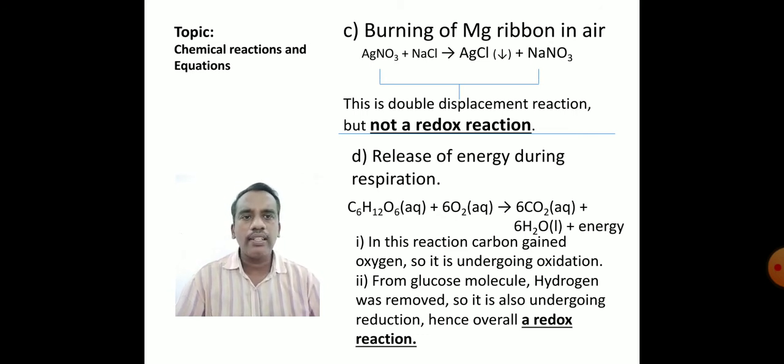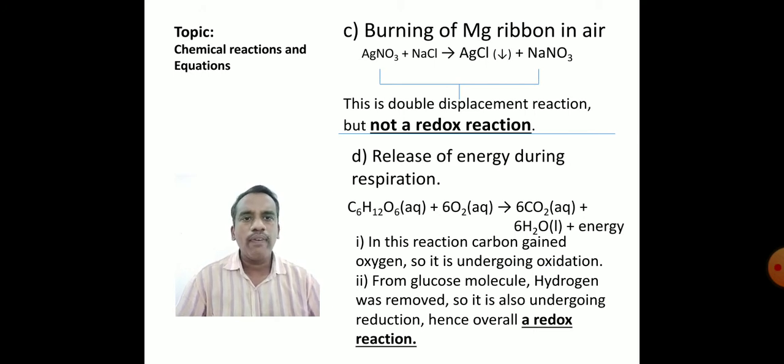Let us check option D also, that is release of energy during respiration. During respiration, what happens? The glucose, the food that we have taken, is broken into small units, and they react with the oxygen that we breathe to form carbon dioxide and water, and they release energy.